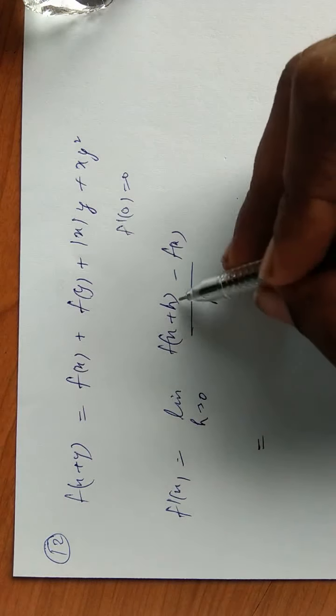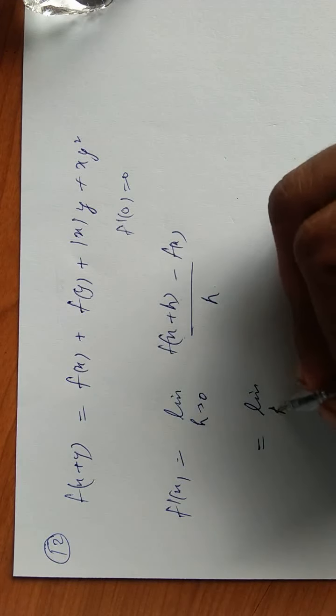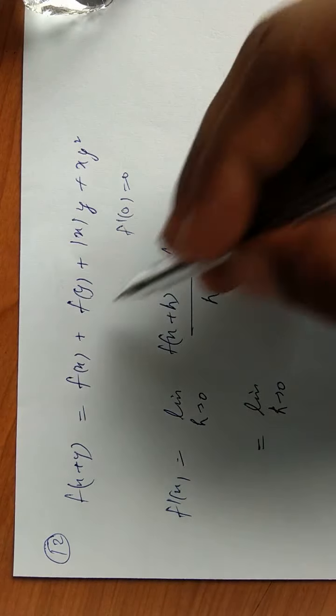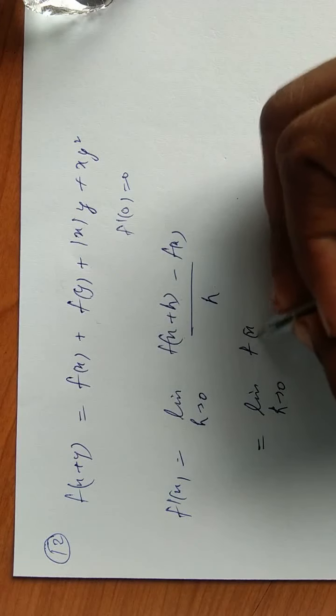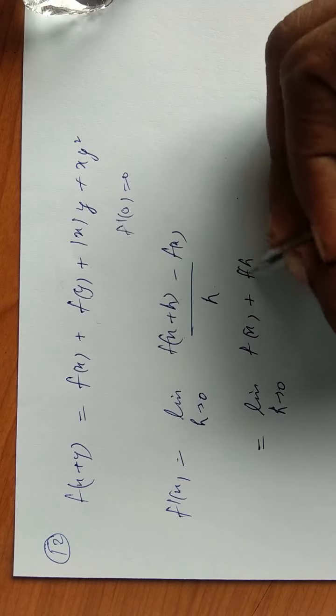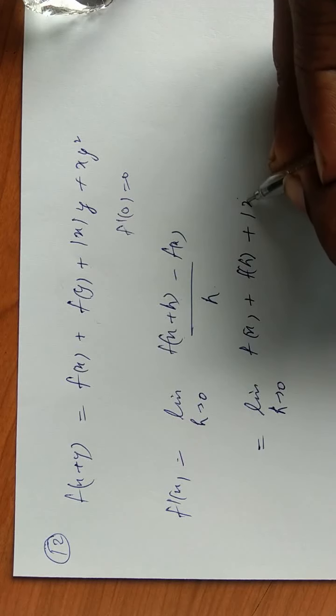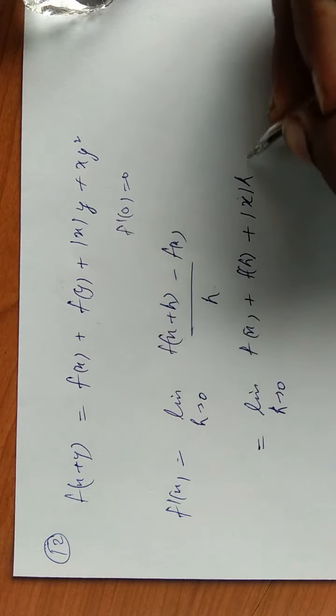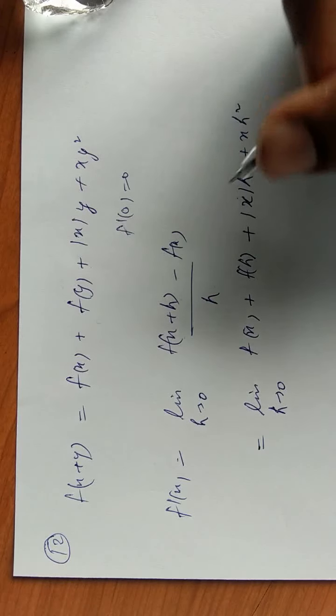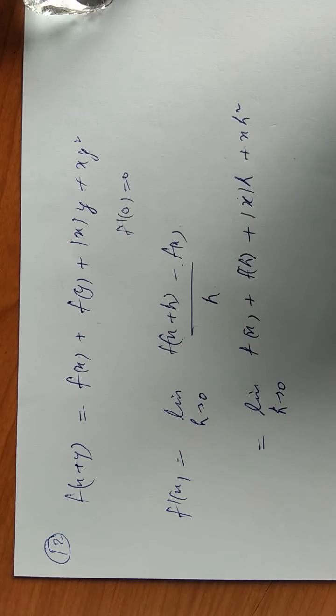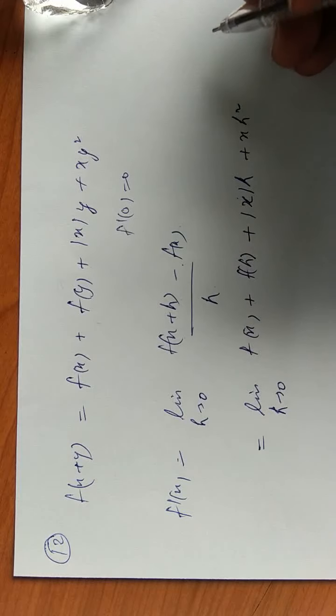So f(x plus h) would be equal to f(x) plus f(h) plus mod x h plus x h square, minus f(x), upon h.